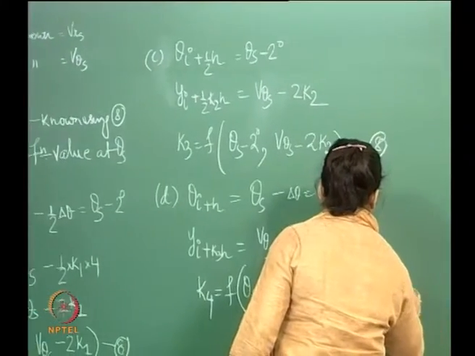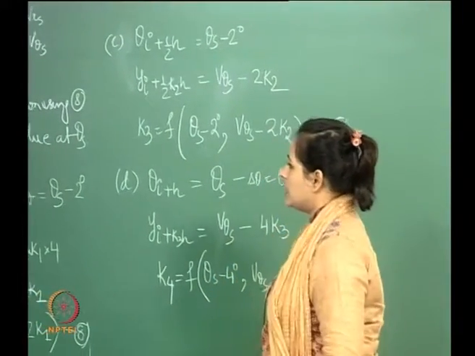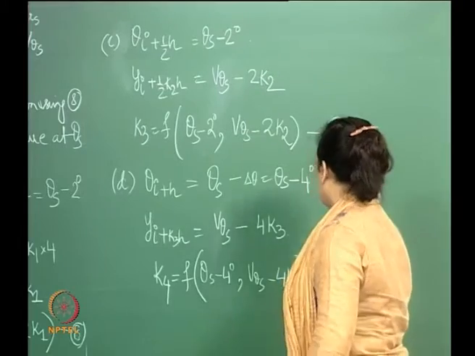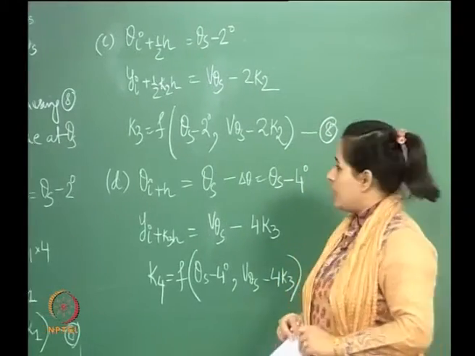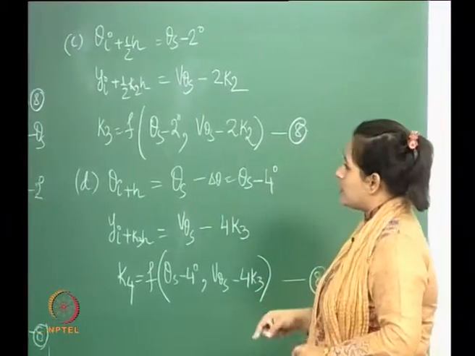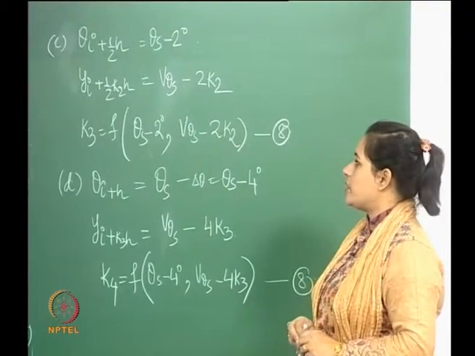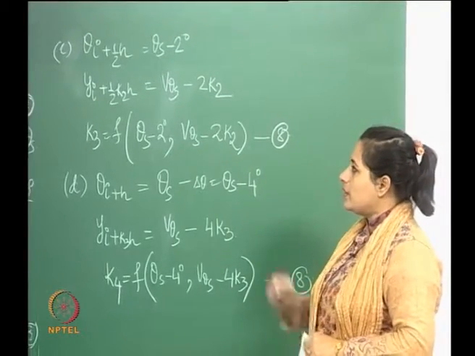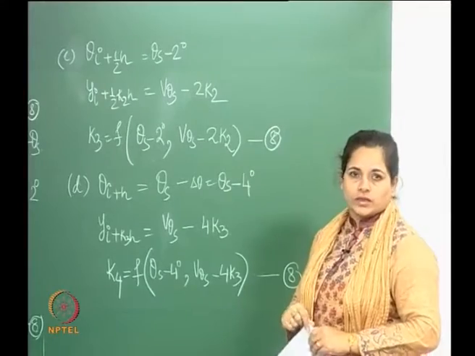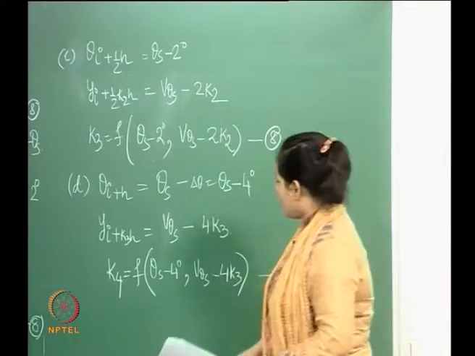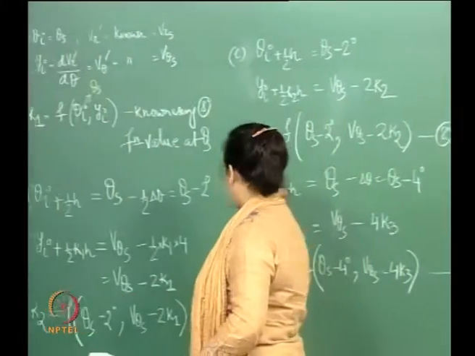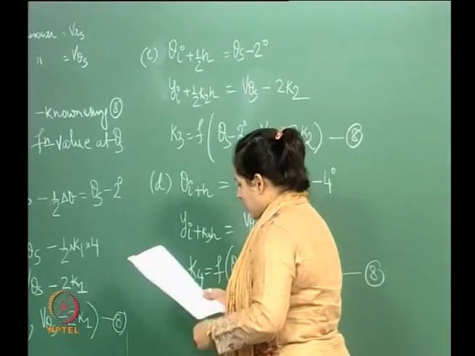Again we get this from equation 8. Now, having done this, we can get the function value at the radial line theta s minus delta theta.